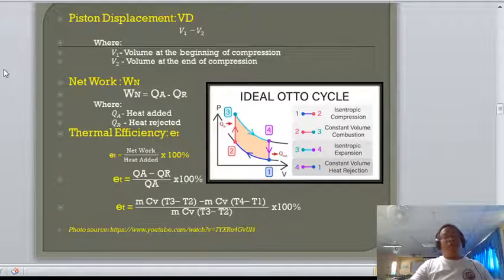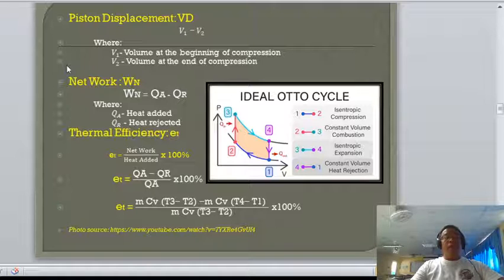Another is the so-called net work. This net work is the difference between the heat added at point 2 to 3 and the heat rejected at 4 to 1.